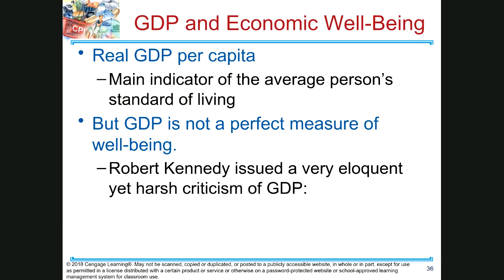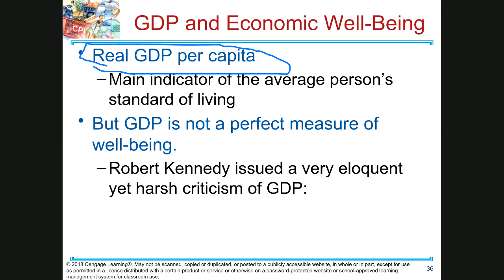Per capita, when we say a country's real GDP is high compared with another country, are they better off economically? Well, of course, they have access to more material stuff. That's it. But GDP is not a perfect measure of well-being. It cannot capture a lot of other stuff, like happiness or equality.